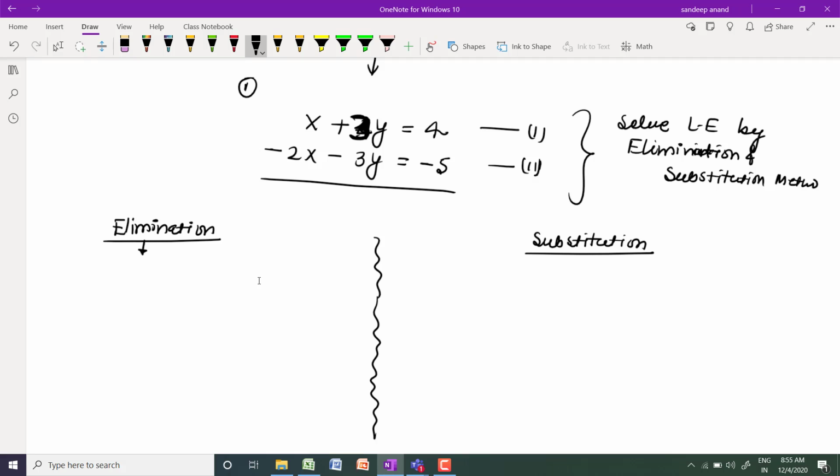Now in the elimination method, I am going to solve this problem. X plus 3y is equal to 4, equation number 1, and minus 2x minus 3y is equal to minus 5, equation number 2.